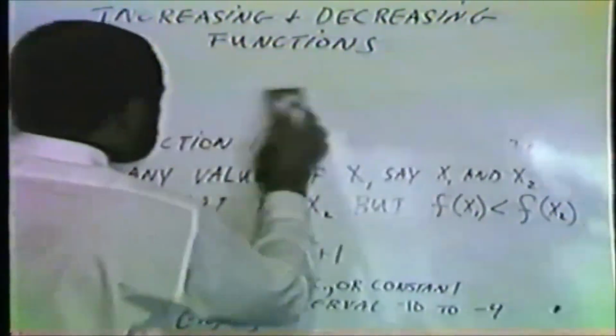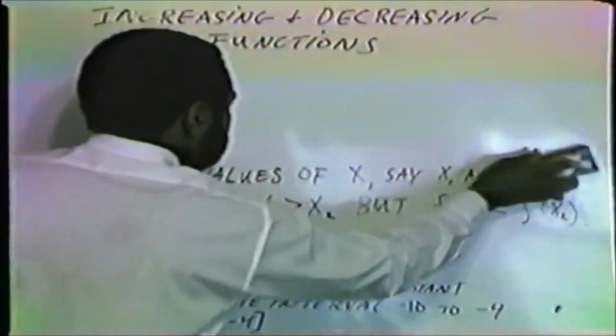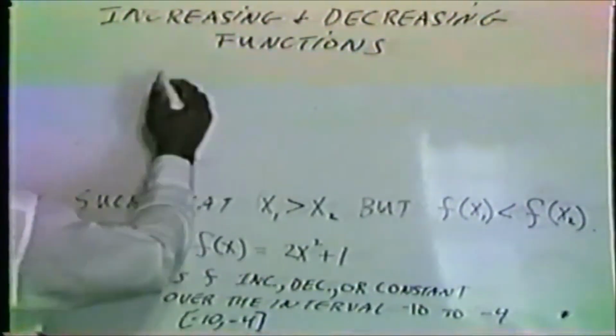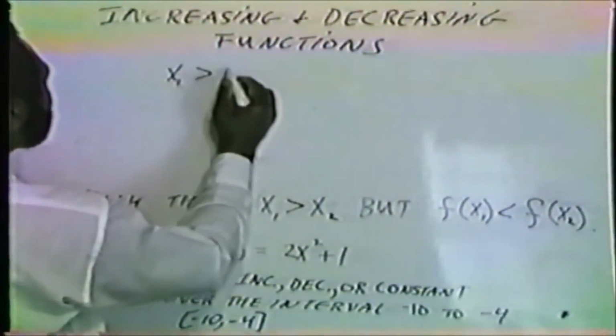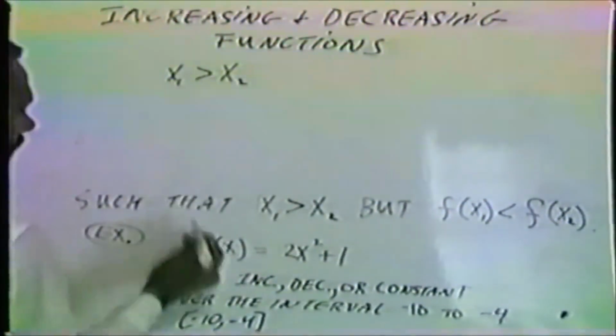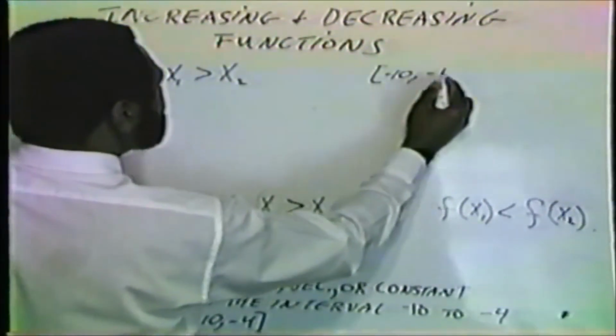So first of all, we have to set up the relationship between our two values of x1 and x2. Now we said that when we start out, x1 would be greater than x2. The interval we're talking about is negative 10 to negative 4.